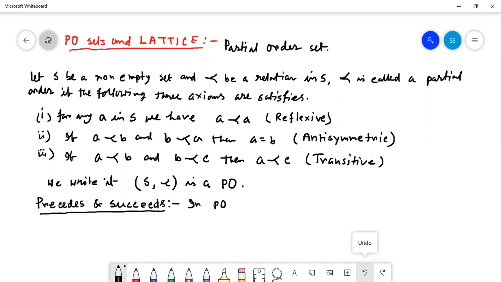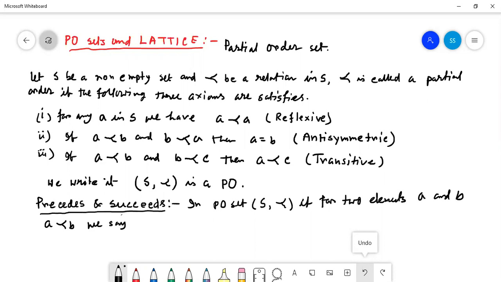In a PO set S, if for two elements A and B, A is related to B, we say A precedes B and B succeeds A. A is related to B where A is the left hand side and B is the right hand side.